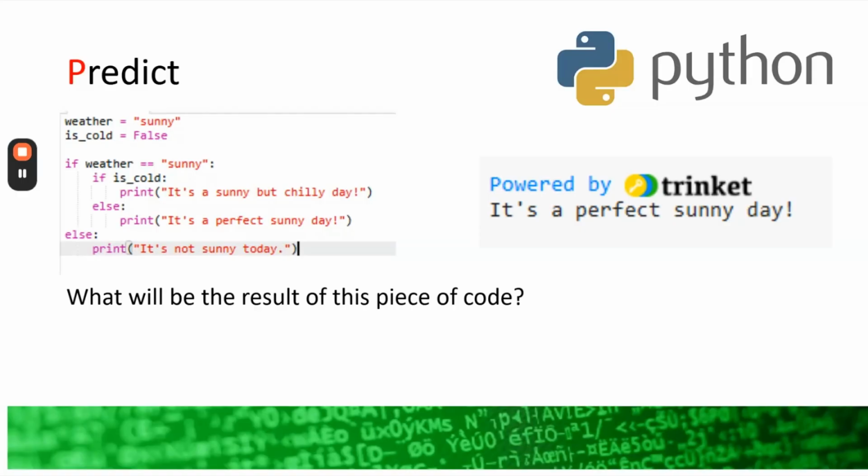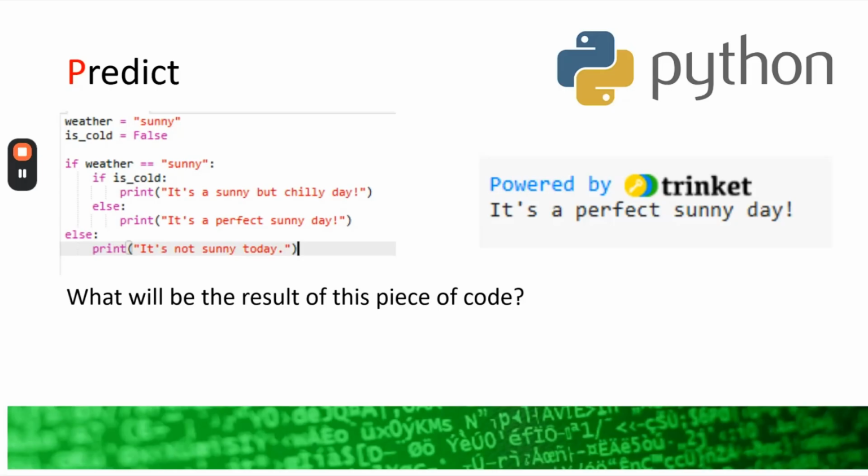Yes. Is cold, now it'll look, does that mean it's true? It's sunny but chilly, but it's not true, it's false at the top on that second line. It says is cold is false, so it'll print the else condition, which is it's a perfectly sunny day, which is what indeed it's printed.